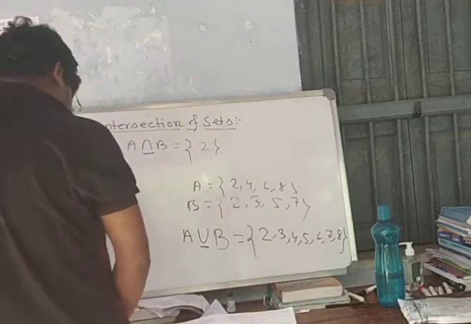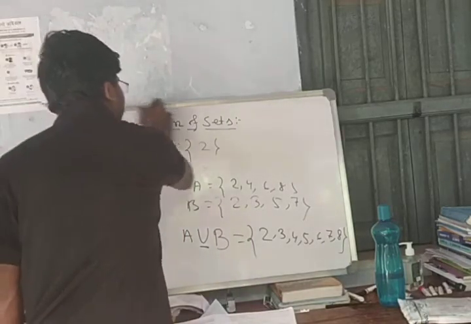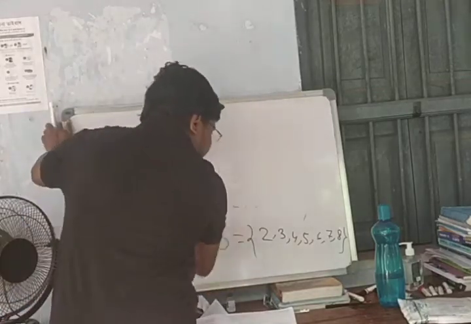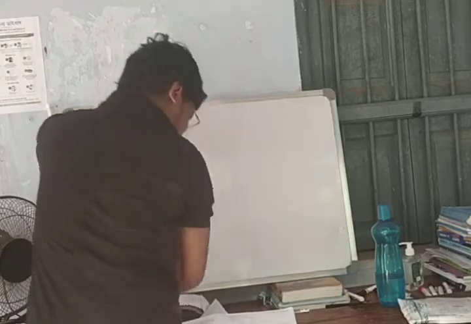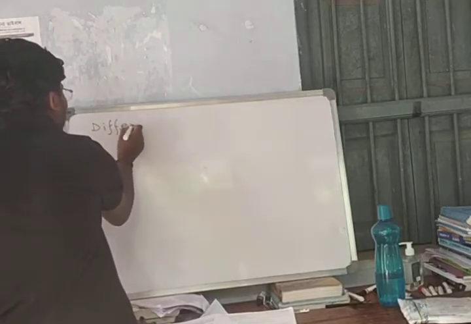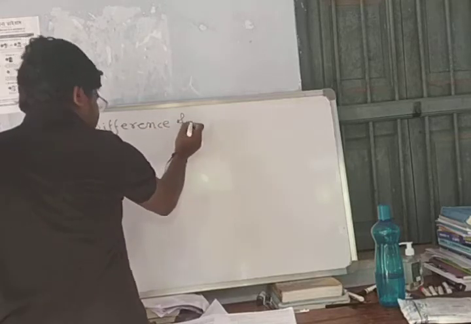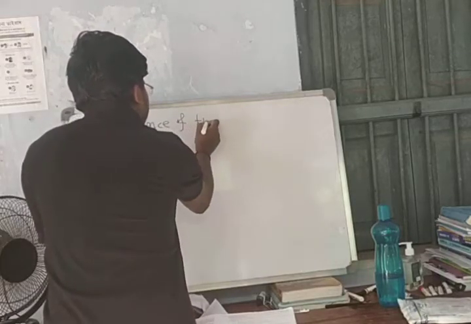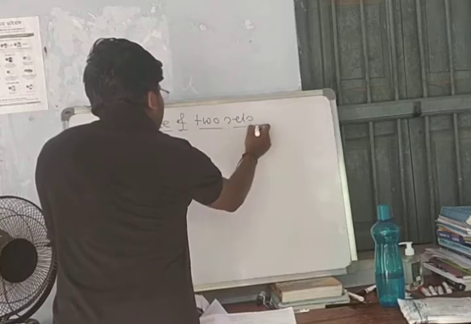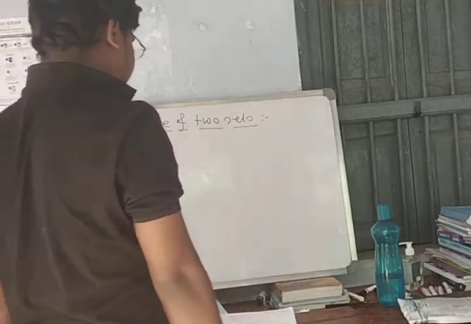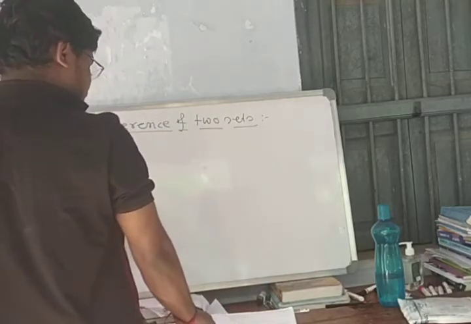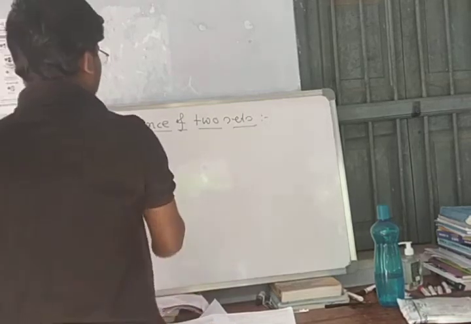Now, difference. A and B are two sets, then A minus B is the set consisting of all those elements which belong to A but do not belong to B. Difference of two sets.